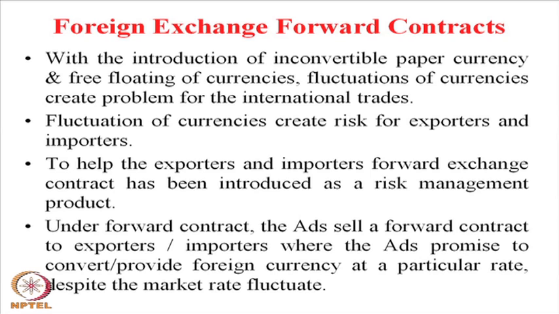The domestic currencies were converted into paper currency, and this inconvertible paper currency and floating exchange rate system create fluctuation in exchange rates. This fluctuation creates risks in international trade, and this risk needs to be minimized, because exporters and importers cannot have stability in their foreign currency earnings.